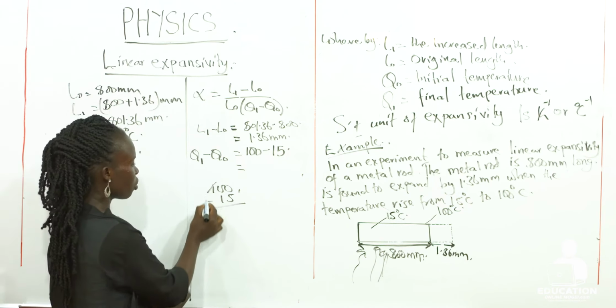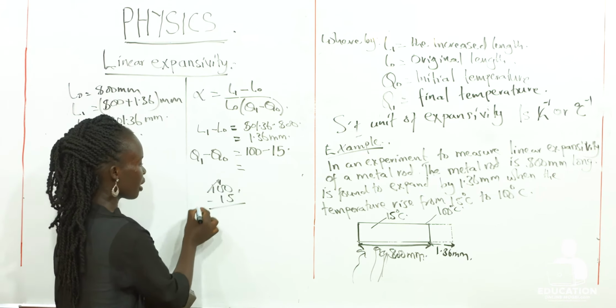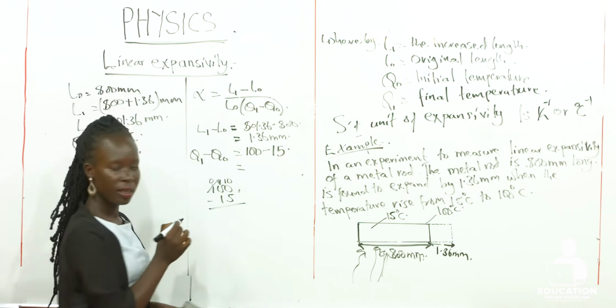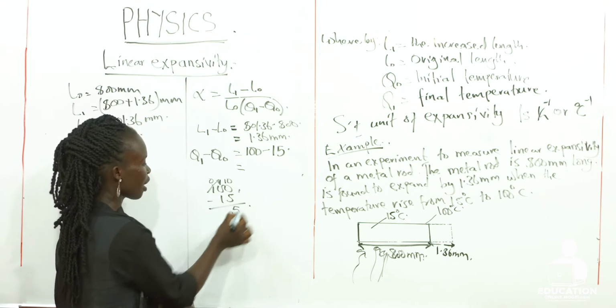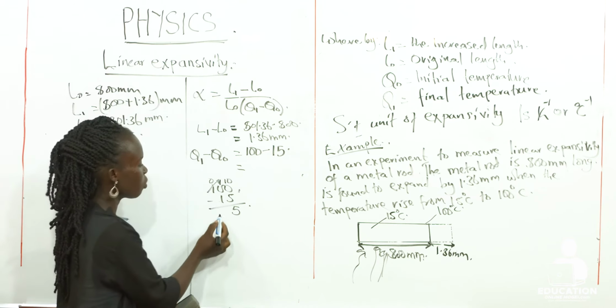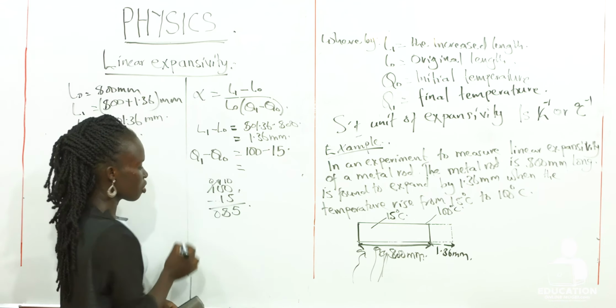You borrow 1, then you borrow again 1, this one will remain 9, this one remains 0. You borrow 1 here to make this 10. So 10 minus 5 will give you 5. Here we were left with 9. So 9 minus 1 will give us 8. So 0 minus 0 is 0.